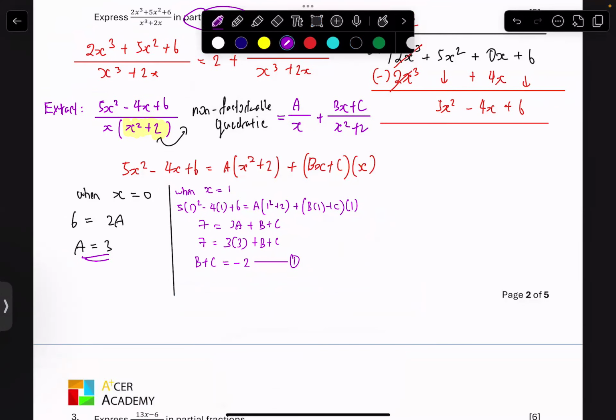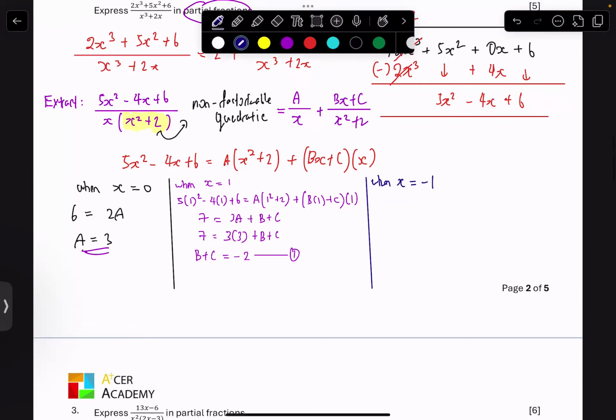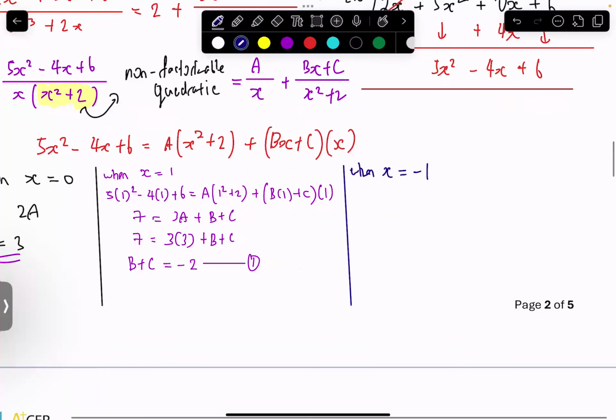Okay, next part. I will use x equals negative 1. It doesn't really matter what you use here as long as you are comfortable with the multiplication.